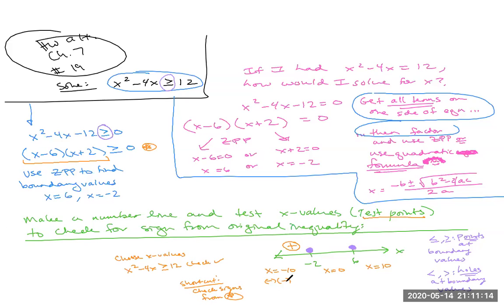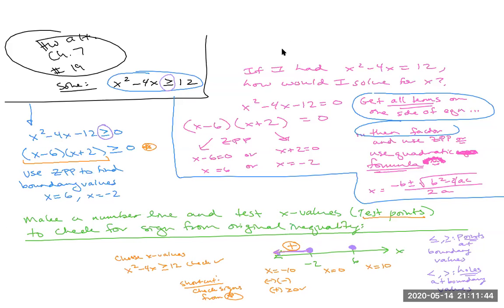A negative times a negative is positive, which is indeed greater than or equal to 0. Okay, so this side will be true. Let me actually just keep it in purple. It'll look more consistent.